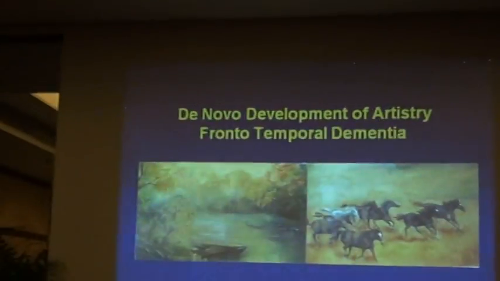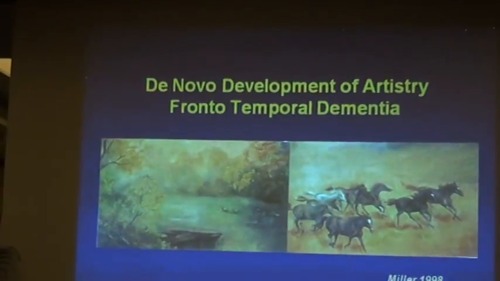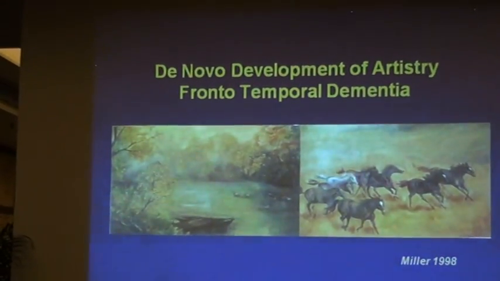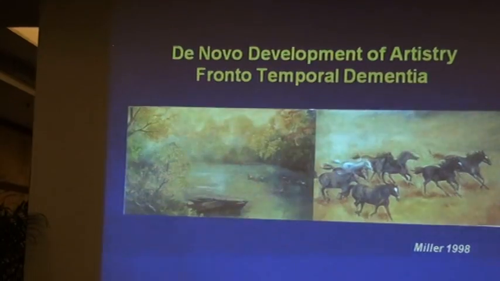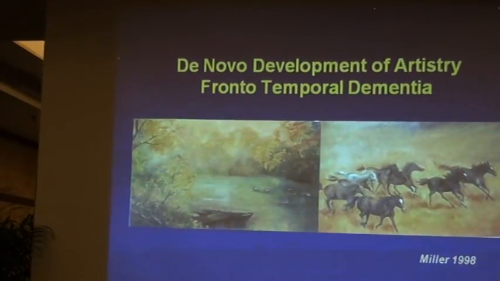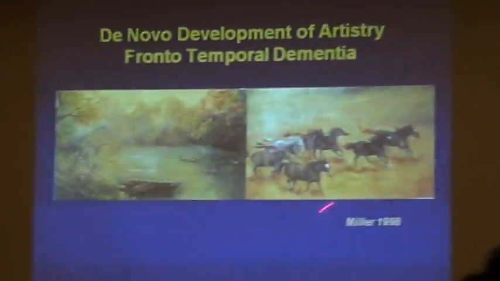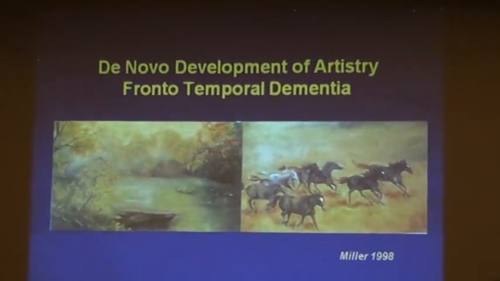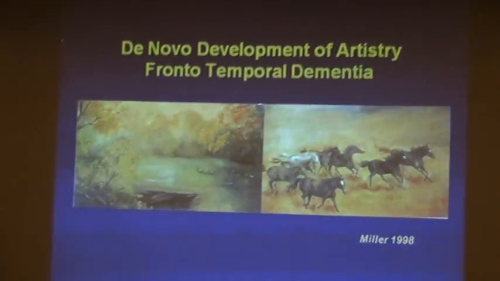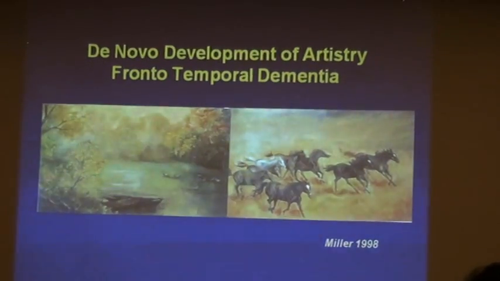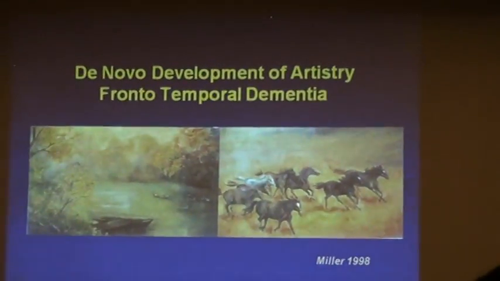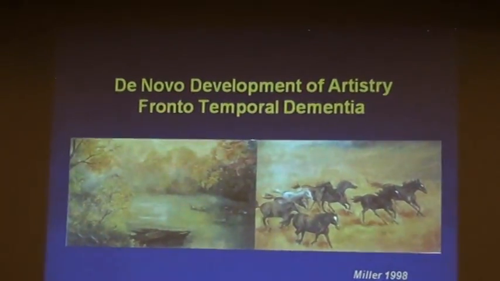The disease in which this peculiar phenomenon of de novo development of artistic creativity has been studied is frontotemporal dementia. And this is the first patient of Bruce Miller, described in 1998. This is a lady in her mid-50s who had no previous training in art, and she never painted in her life.